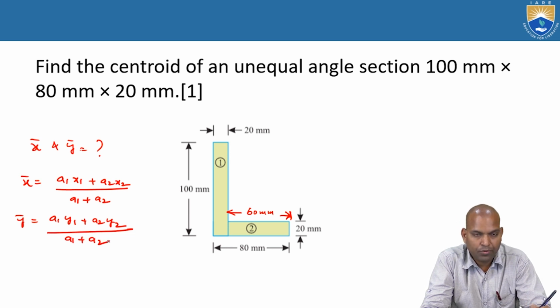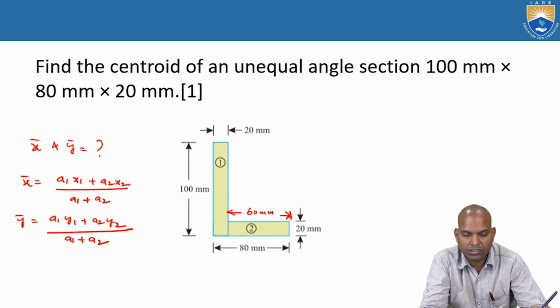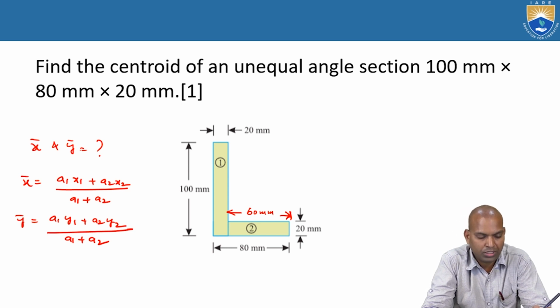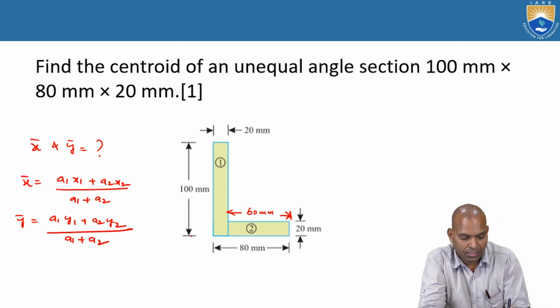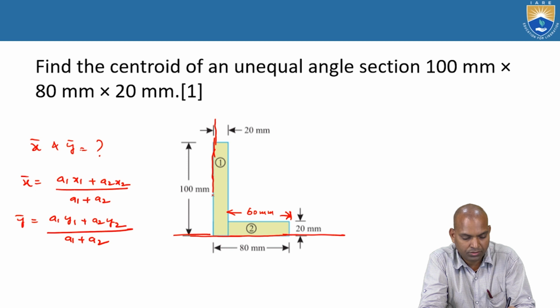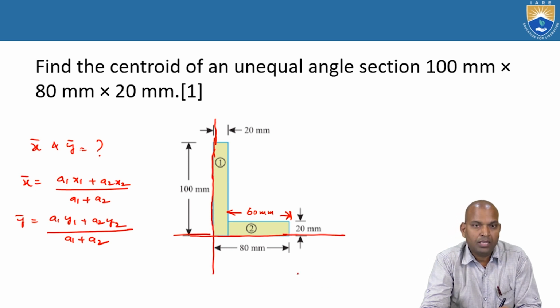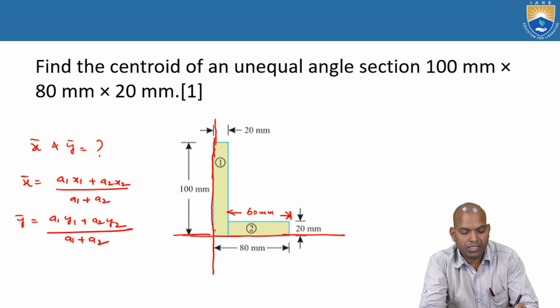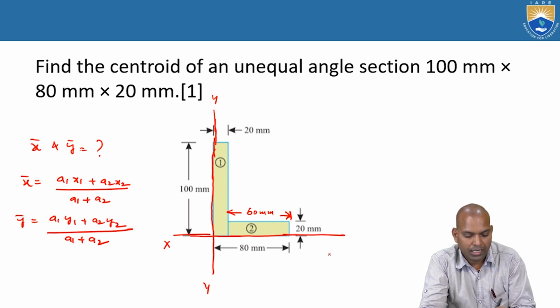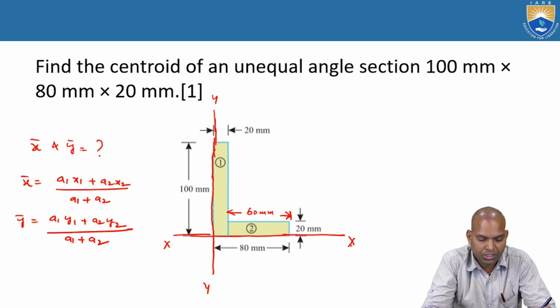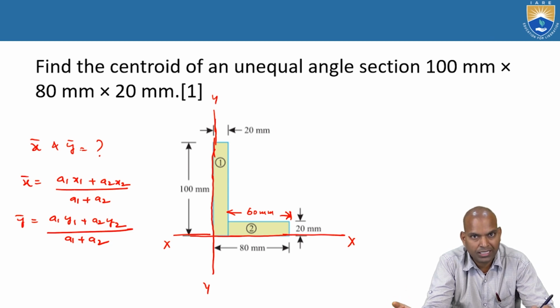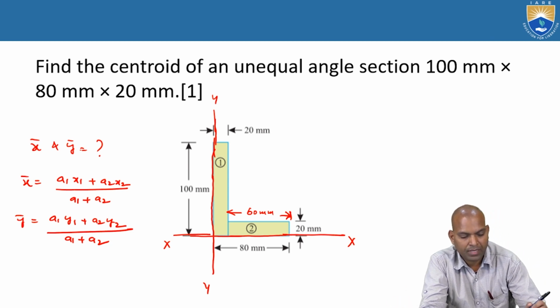What is A1? Area of section 1. What is A2? Area of section 2. Reference axes are required in order to find X1 and X2. X1 is the horizontal distance from the vertical reference line, that is the Y line, and Y1 is the vertical distance from the horizontal reference line, that is the XX line.